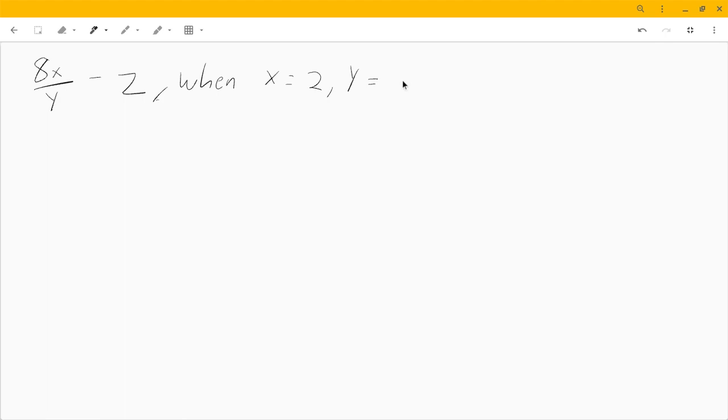Say we have the expression 8x divided by y minus z, and we want to evaluate that when x is equal to 2, y is equal to 4, and z is equal to 8. So once again, we should just substitute.